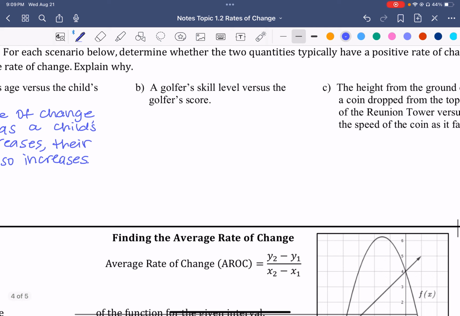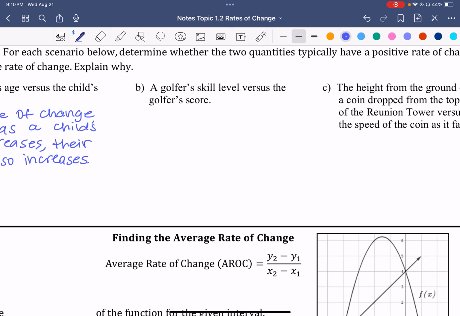For letter B, we have a golfer's skill level versus the golfer's score. Now, to answer this question correctly, you need to have some familiarity with the technicalities of golf. So in golf, it's different than, let's say, basketball, soccer, football, any of those other sports where your objective is to make as many points as possible. In golf, your objective is actually to have a low score.